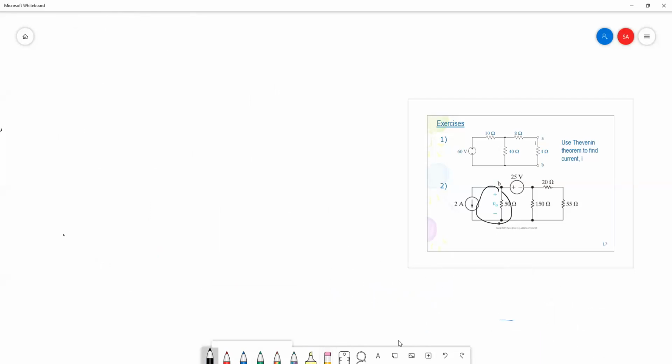So I draw my equivalent circuit. So positive, negative. So my VTH is negative 75 volt. Okay. And my RTH is 50 ohm.